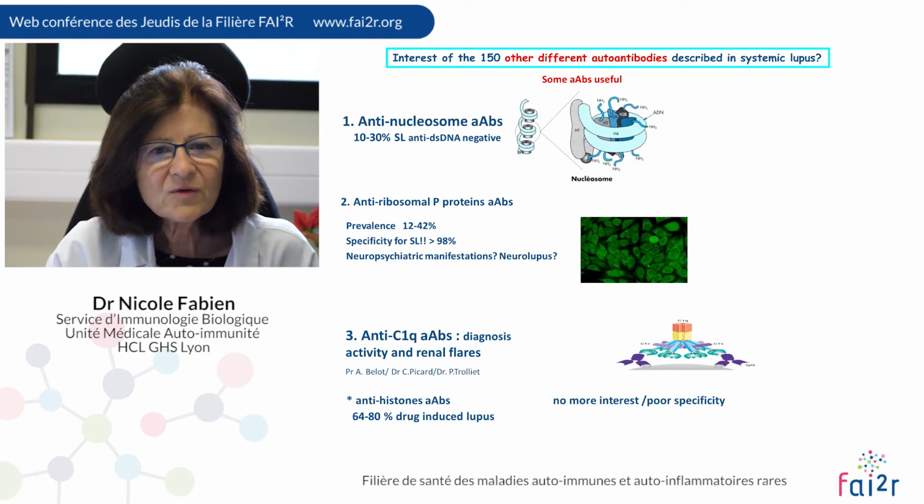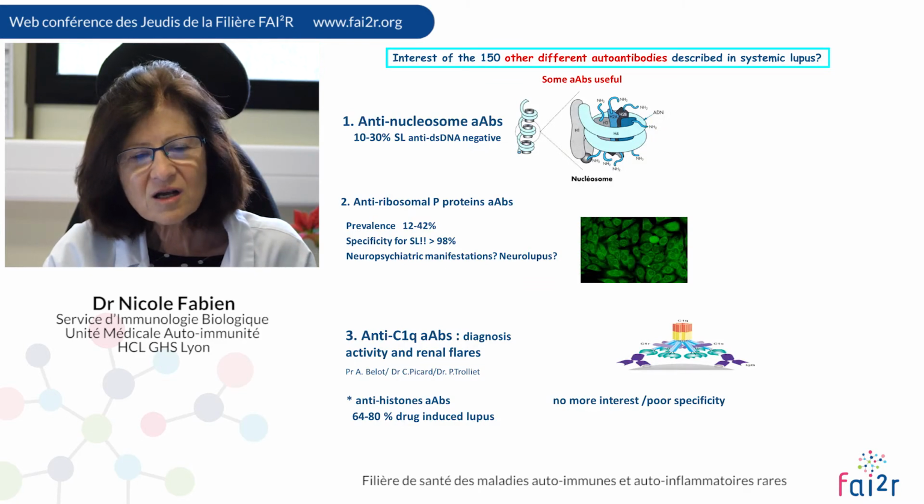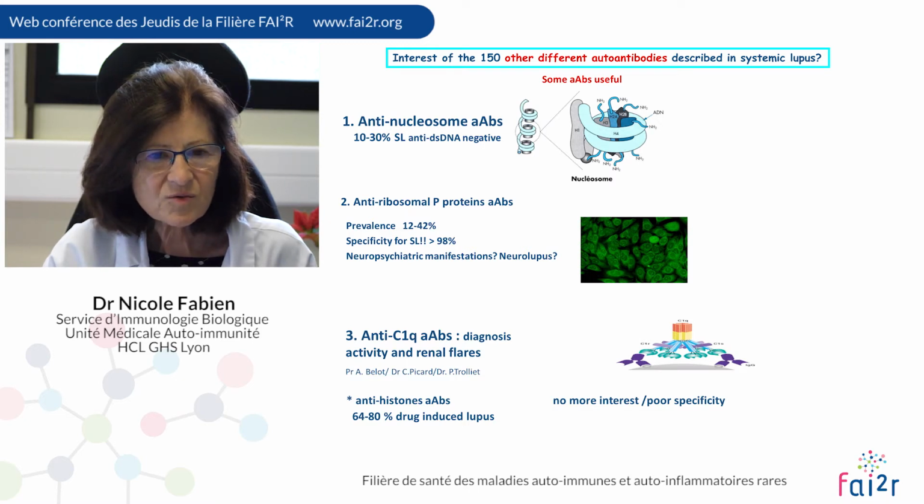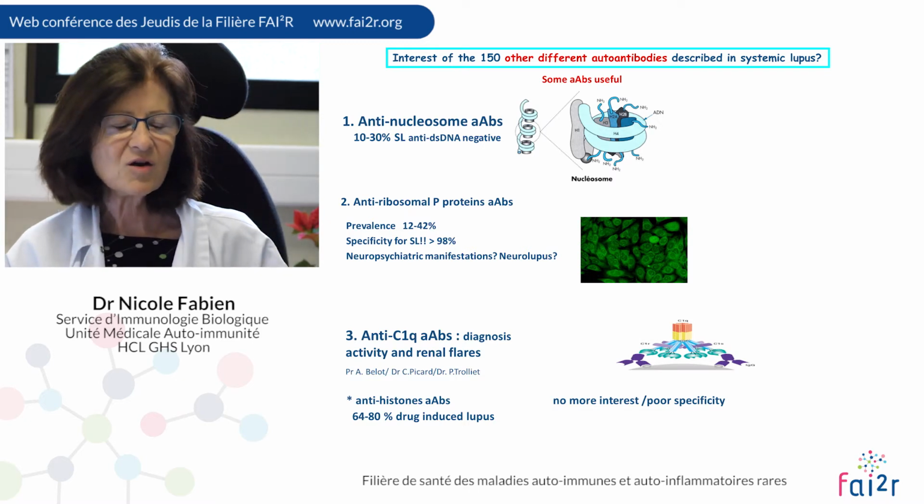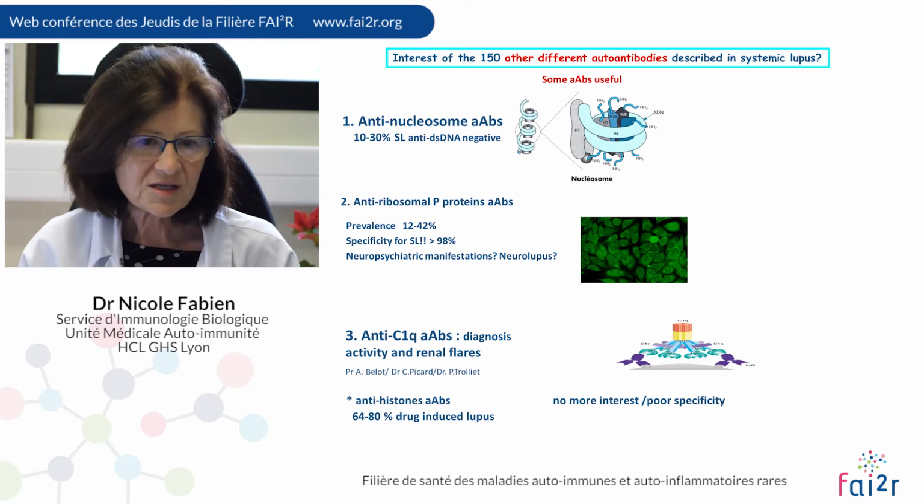So you know that there are a lot of different autoantibodies described in systemic lupus, more than 150. But among this huge amount of autoantibodies, some are really interesting, like anti-nucleosome antibodies present in lupus without dsDNA.